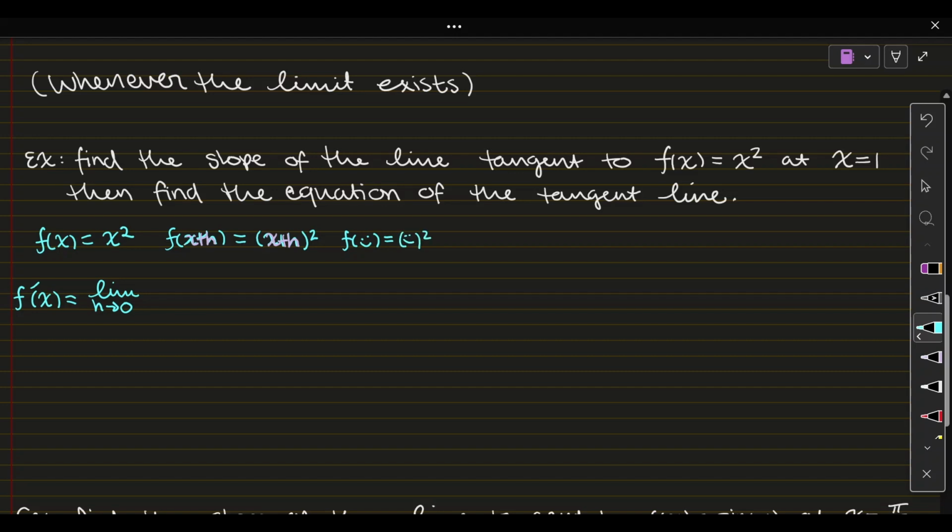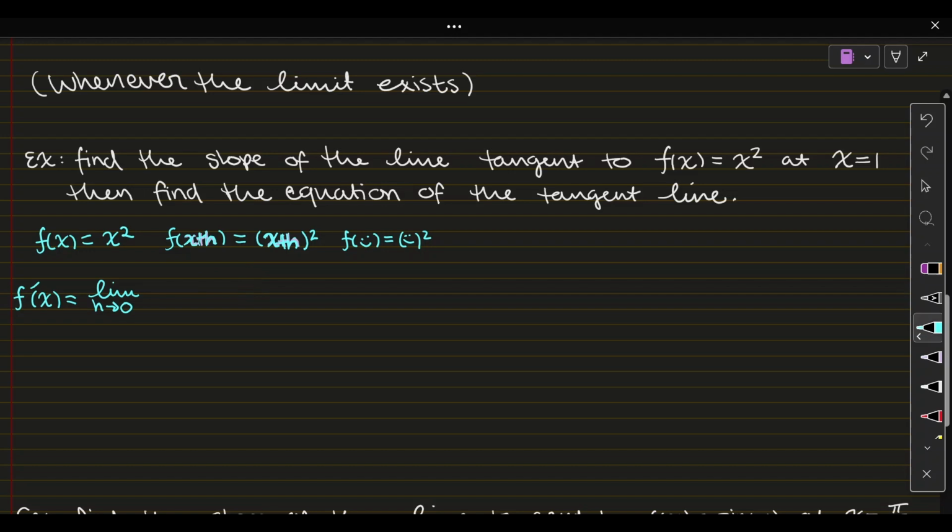So f of x plus h becomes x plus h squared, minus x squared, which is f of x.